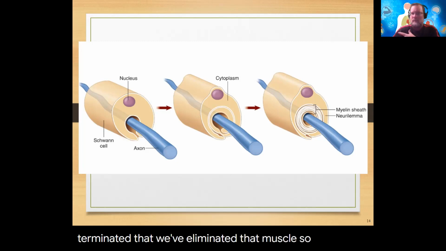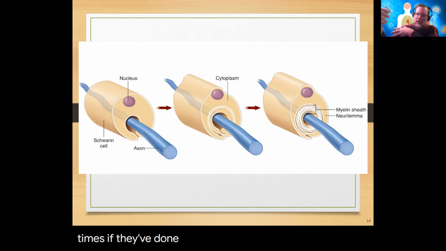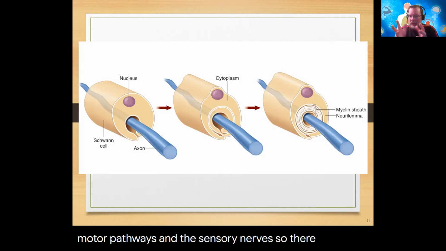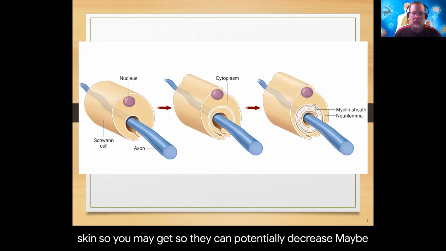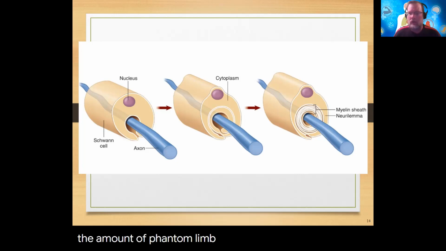Oftentimes, if they've done an amputation, they'll try to fold the motor pathways and the sensory nerves in with whatever they have left of the skin, so they can potentially decrease the amount of phantom limb.